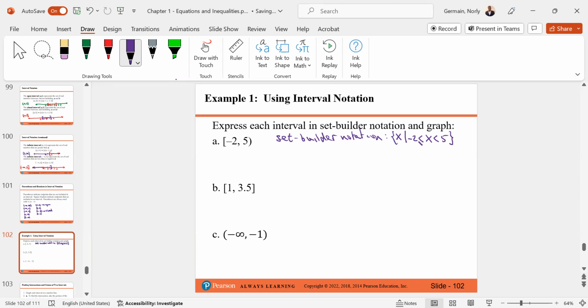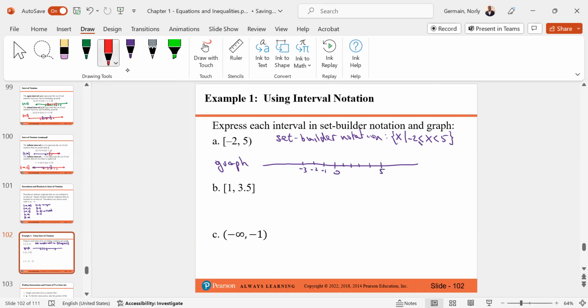On a number line, you know how to do it if you graph it. If it's 0 here, you have -1, -2, -3, 1, 2, 3, 4, and 5.